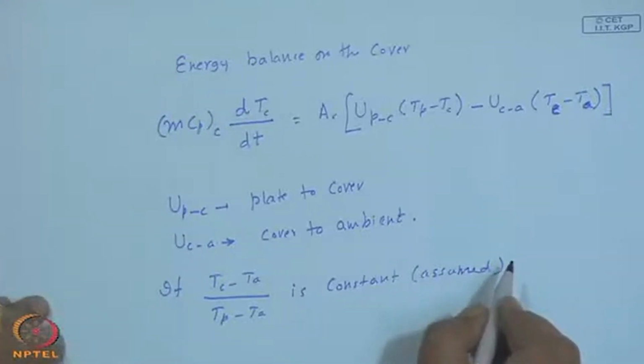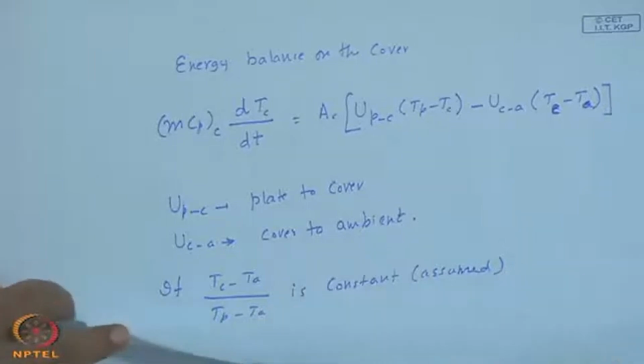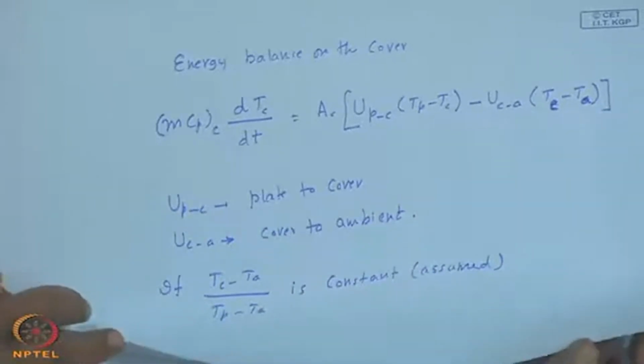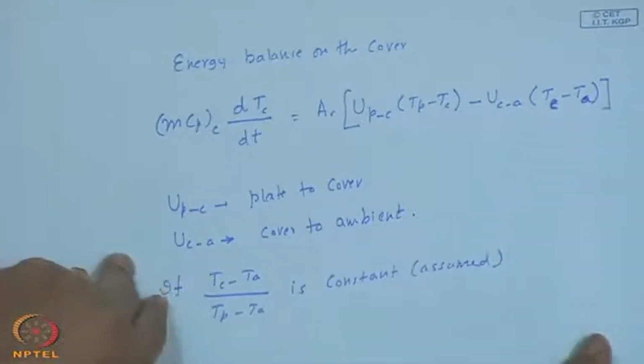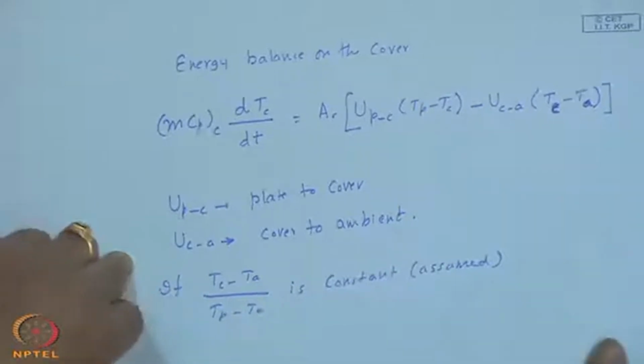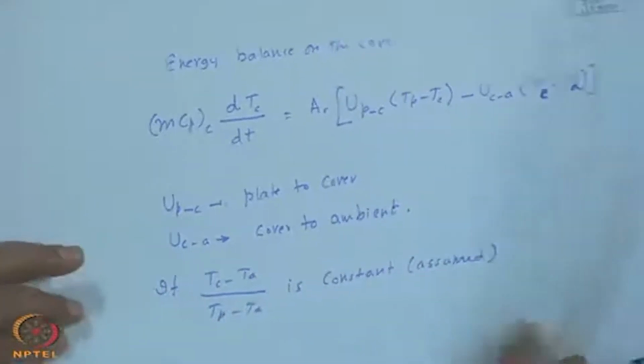So, we assume that the ratio is constant. It is something like the fully developed condition for the temperature field, though that is exact and this is approximate.